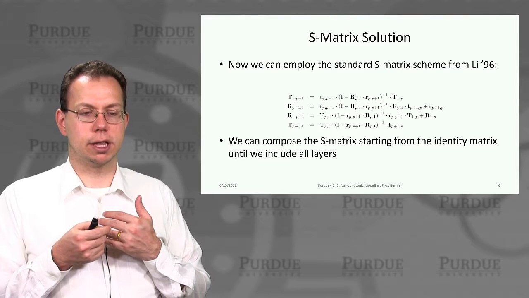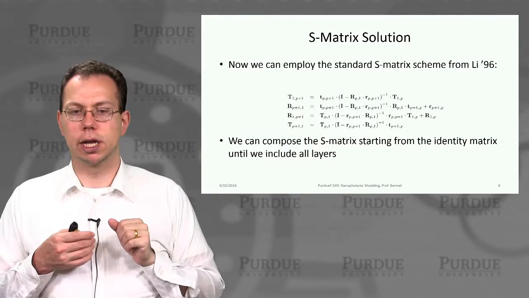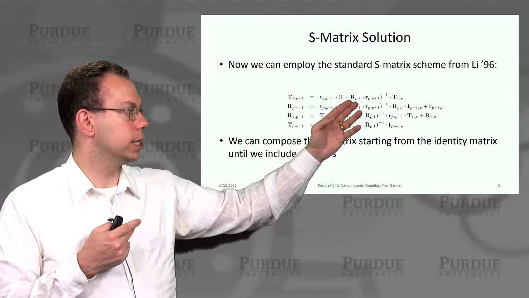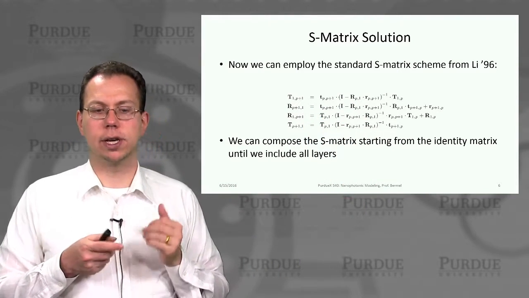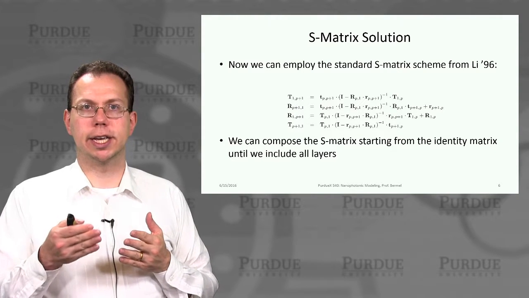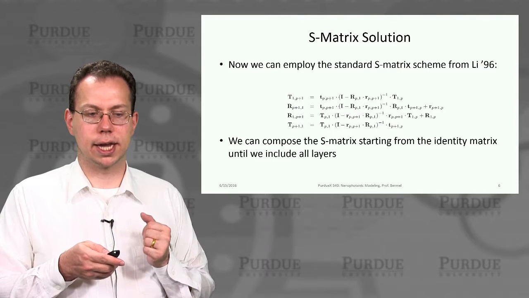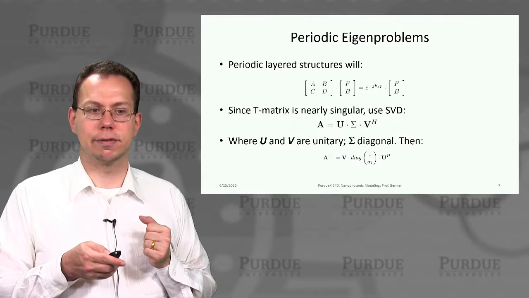I don't want to belabor that point, but I did want to mention that there's another reference from Lee, written in 1996, that shows the same formulation in a fairly compact representation. Then we can compose the S-matrix layer by layer in the fashion that we had discussed previously. I won't go through that again in detail, but feel free to look back at that if you forgot.